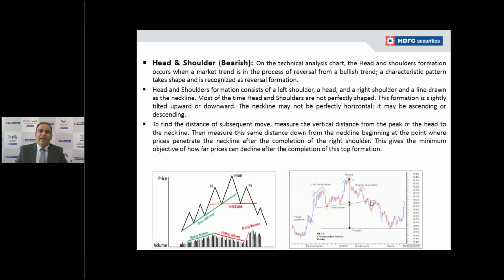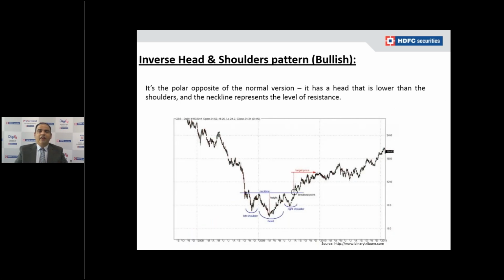In the same way, the inverted head and shoulders is a similar kind of thing. What we can see in the next chart, the bottom forms, finds resistance at a higher level. Again, the stock price declines, makes a new lower low, doesn't hold the lower low, moves up, again finds resistance at the upper level, makes a small decline and eventually breaks above the neckline.